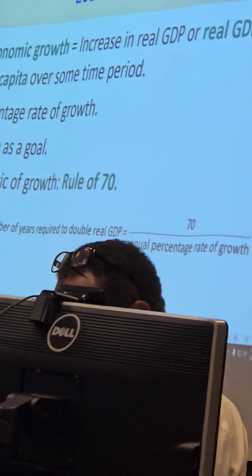Divided by GDP price index. Okay. So we measure economic growth using a percentage change. Okay. And then we look at the growth as a goal, and we look also at what we call the rule of 70.